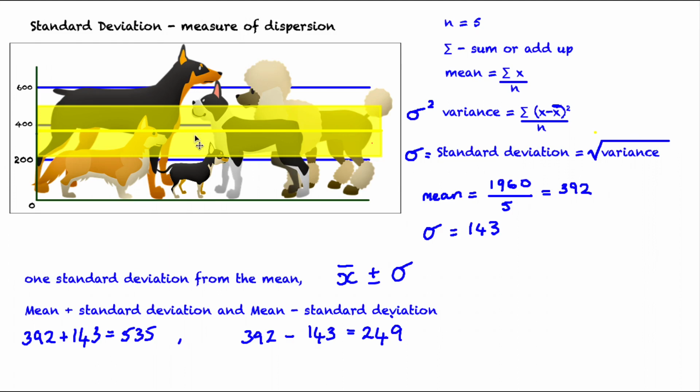They're neither unusually large or unusually small. The dogs outside of this range might be considered unusually small or unusually large. So this is another way we use the standard deviation, and this will be explored more when we look at the normal distribution. That's the end of this video.